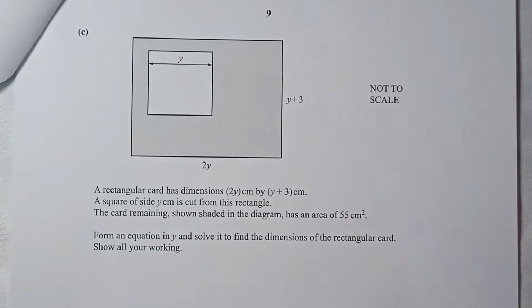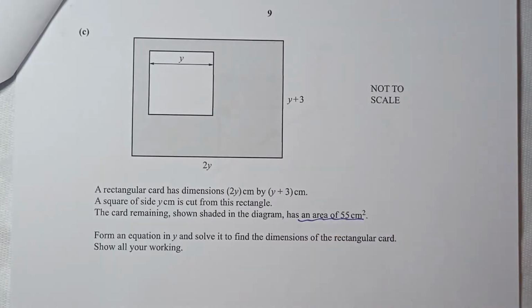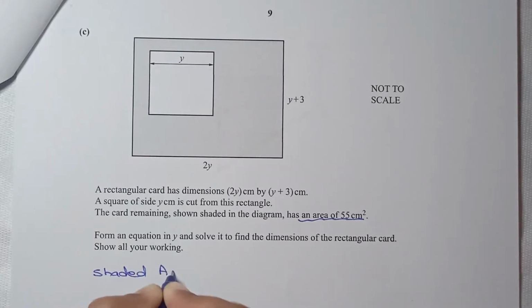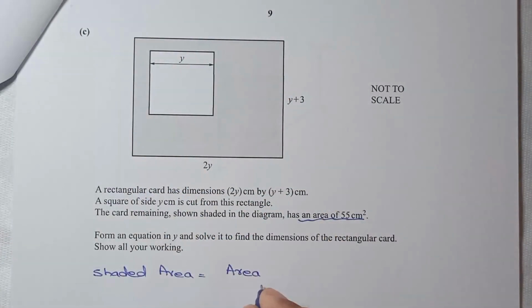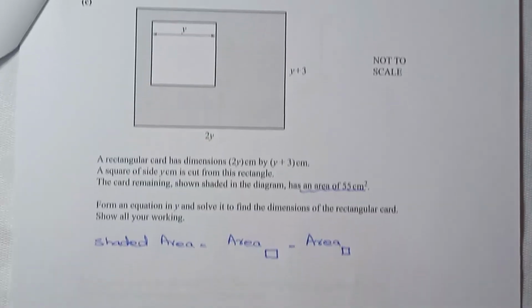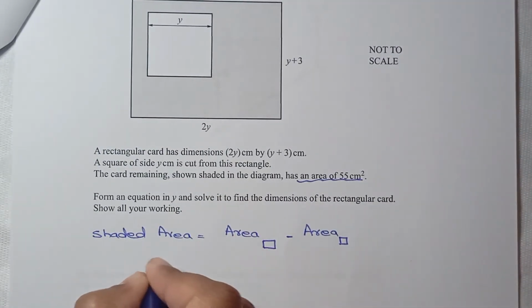Okay, so by using the given information that the shaded area is this, right? We know that the shaded area is basically equal to the area of this rectangle, subtracting the area of a square. The shaded area is given as 55.